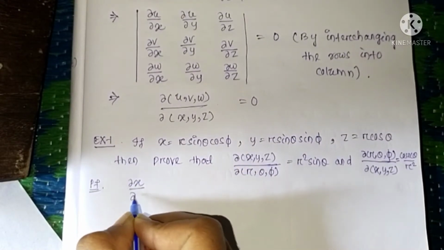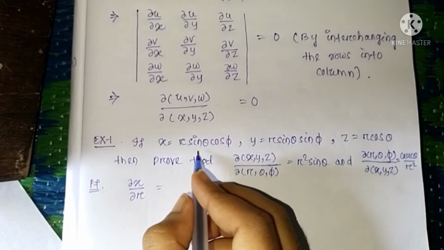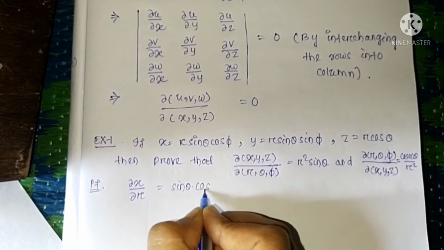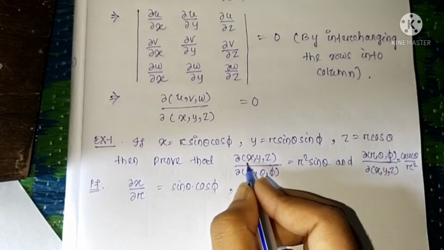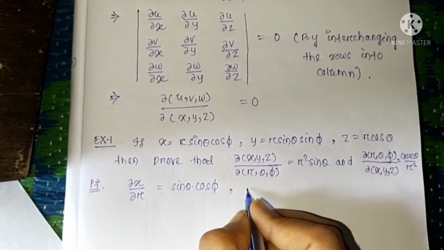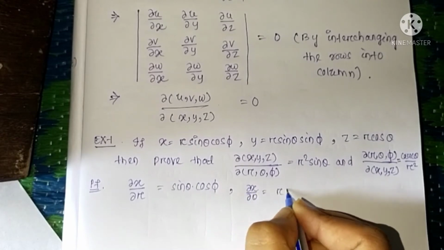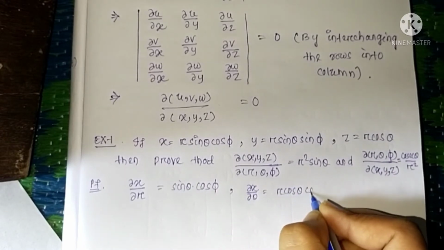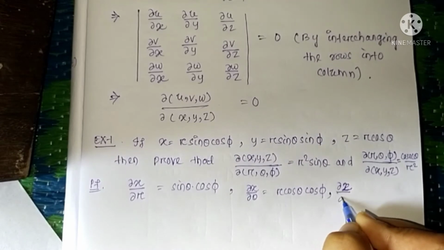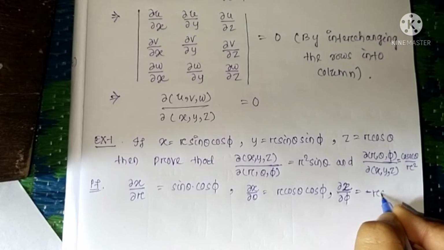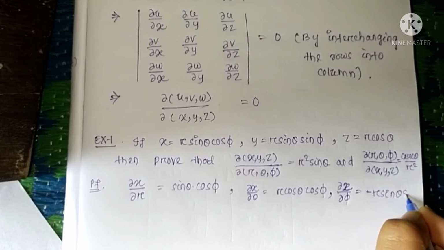Del x by del r is sin theta into cos phi. Then next del x by del theta is r cos theta cos phi. Then del x by del phi is minus r sin theta into sin phi.